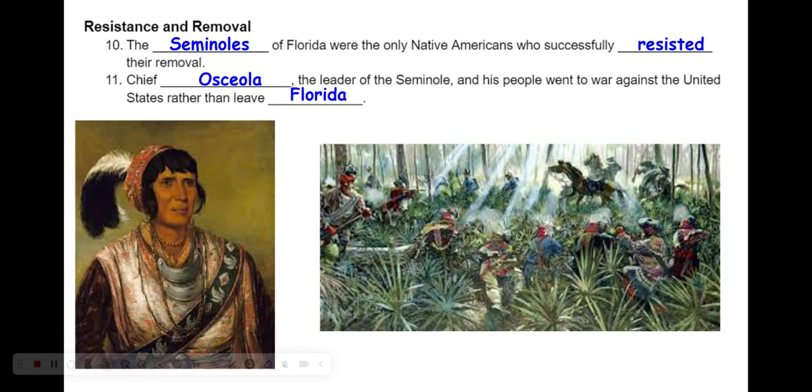And they won. And thus, Osceola is considered to be a kind of heroic figure. And when you talk about Florida State as a university, they're going to use the Seminoles as their mascot.